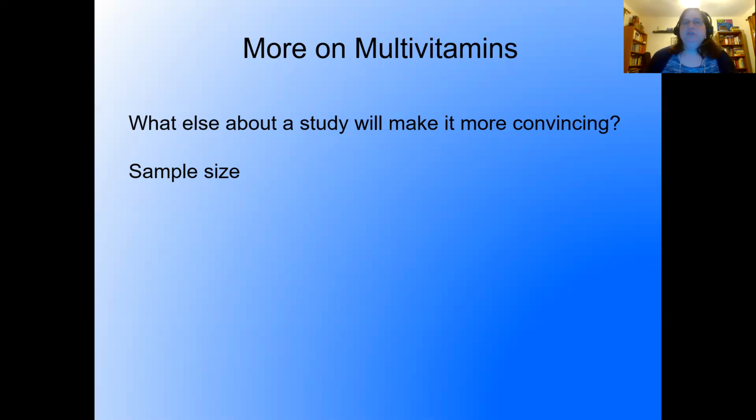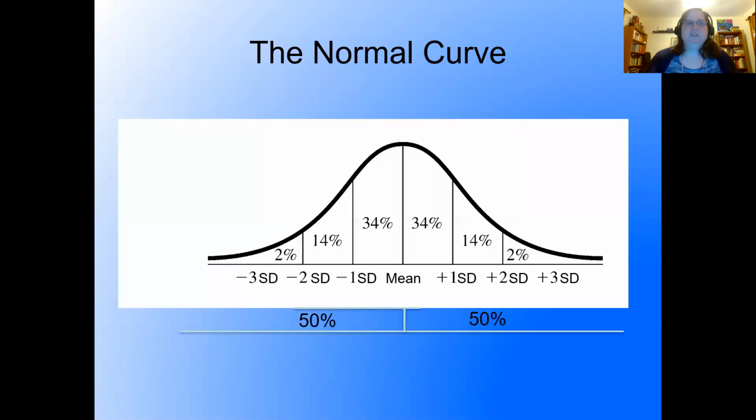But what if I now told you that they increased their energy level by 3 standard deviations, or 30 points? Suddenly, you might be a bit more convinced. And that's related to what we call effect size, how big the effect is. Half a standard deviation versus 3 standard deviations. Okay, so sample size and effect size, both important, both make a study more convincing.